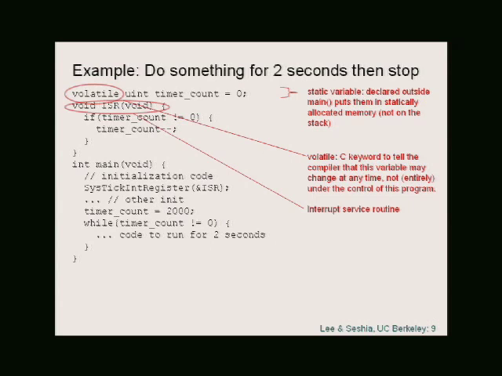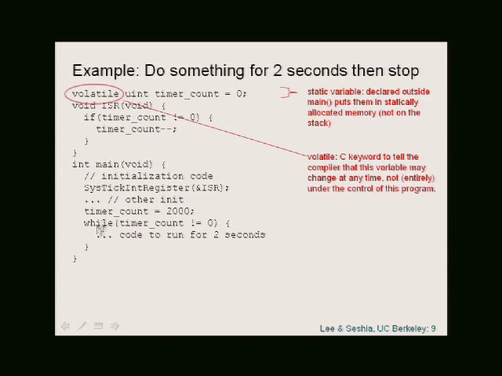Yeah, so let me repeat what I said. Suppose we do not use the volatile keyword, right? Then in compiling this code, the compiler could very well allocate a register to store the value of timer count. So what the compiler could do is say that while I'm executing this code, I'll just use a register to store 2000, and then every time I run this code, I will check the value of the register, right?